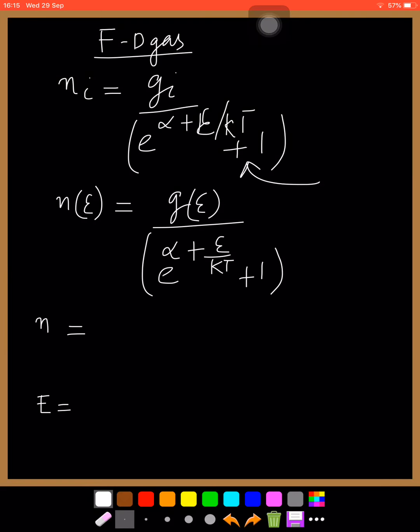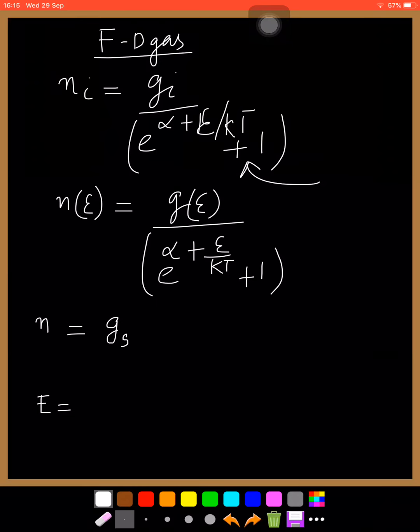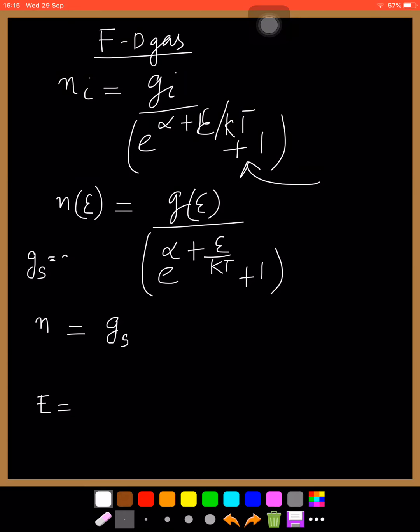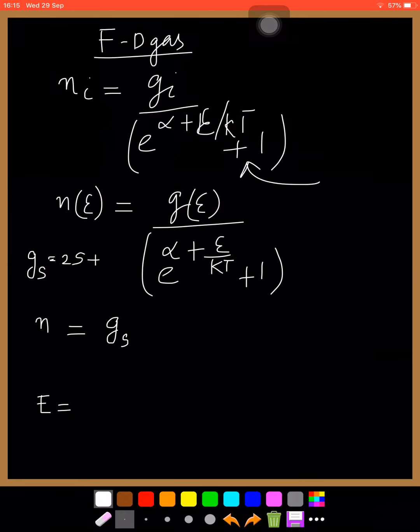The only difference is that here we should consider the spin degeneracy factor Gs, which is equal to 2s plus 1. Then the rest of the expression is similar.